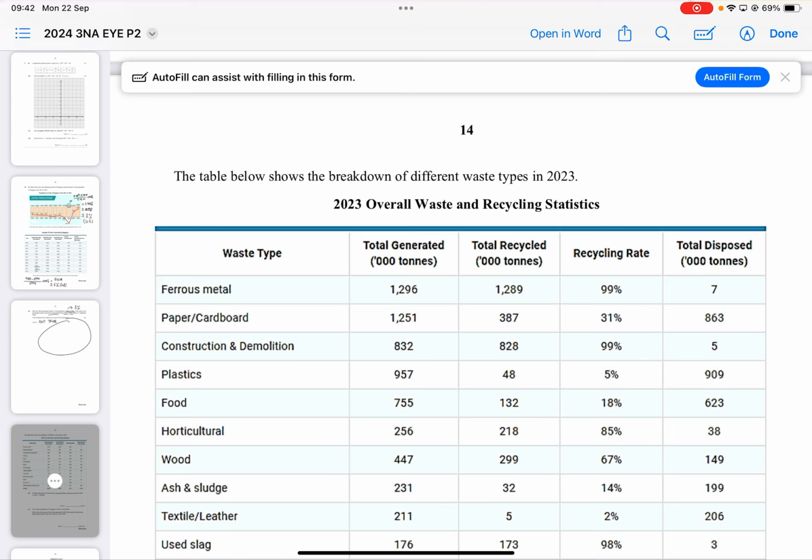So when they give us a table, we must read and try to understand what the table is talking about. Okay? And again, every one is 1,000 tons. Meaning, here is actually 1,02,996 tons. We have to multiply by 1,000 tons. Okay?